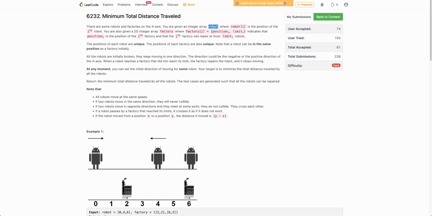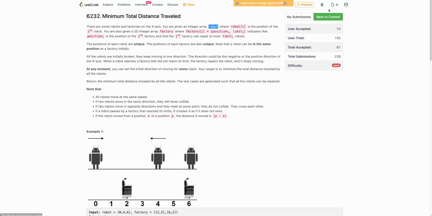You are given robots and factories. You can read the problem statement yourself. The problem statement is a little bit complex, so I'm not going through the entire thing. But after reading it, you will understand how complex the problem statement is and how simple the solution that we are discussing is. So you are given some robots.